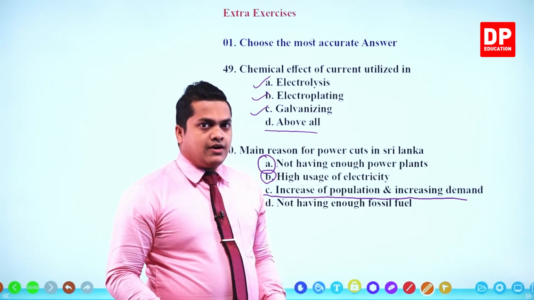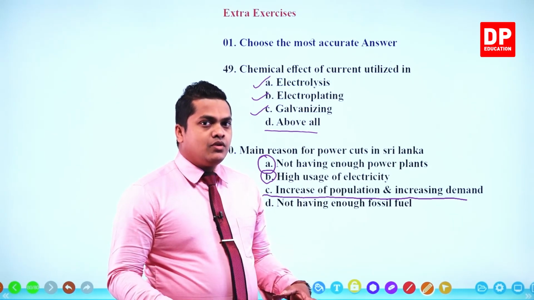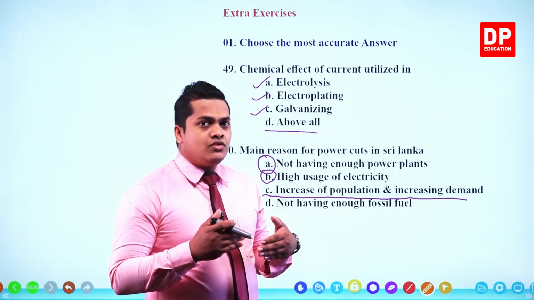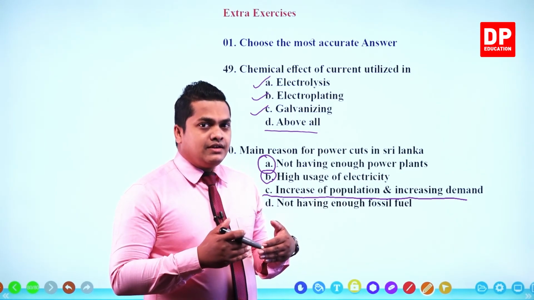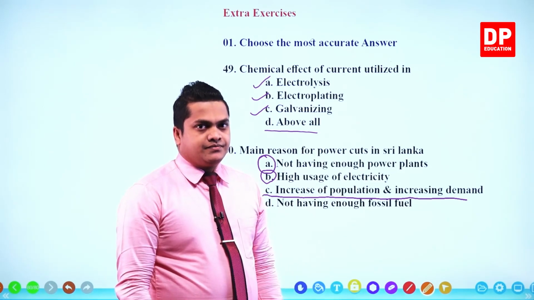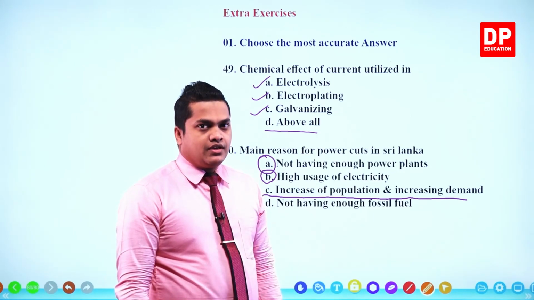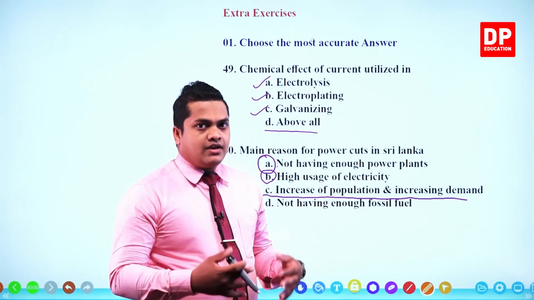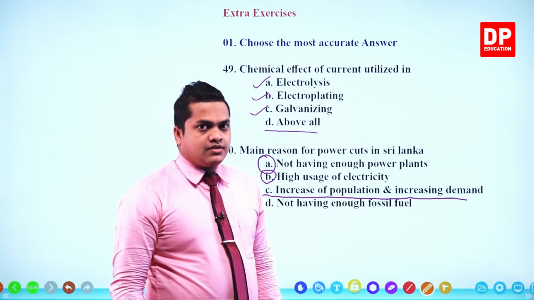So in Sri Lanka, in order to overcome these power cuts, we have to meet the demand with the supply which is given. By that way only we can minimize the power cuts.